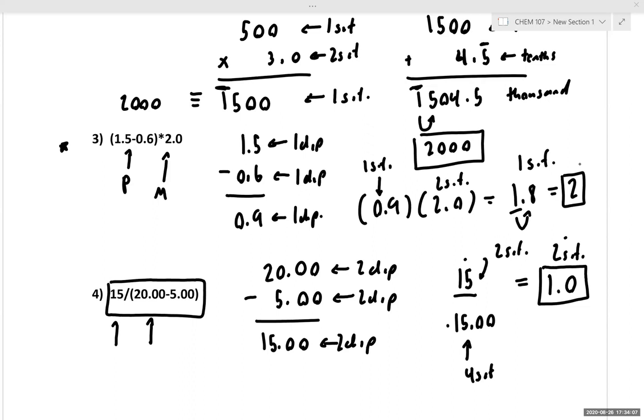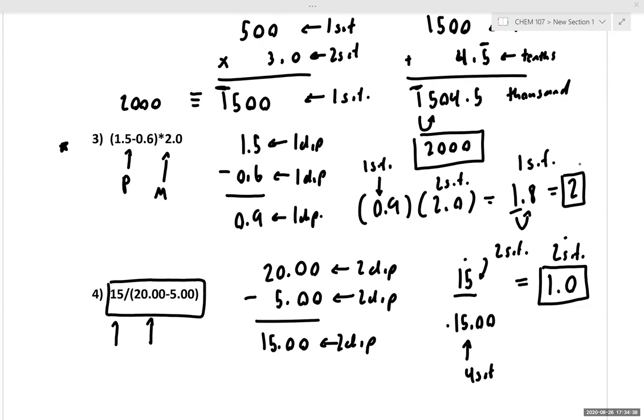For addition and subtraction, you care about decimal places, where you retain the least number of decimal places. For multiplication and division, you care about significant figures. You determine the number of significant figures using the rules that we discussed earlier in the chapter. The number of decimal places is the number of significant digits after the decimal point.